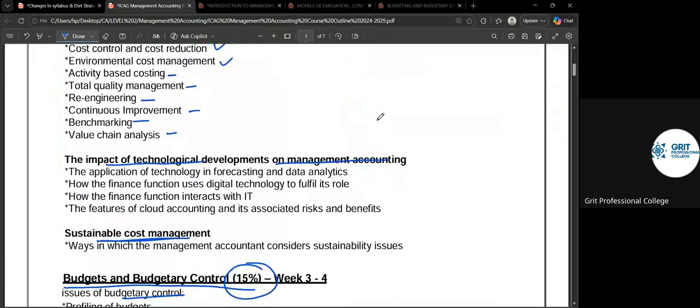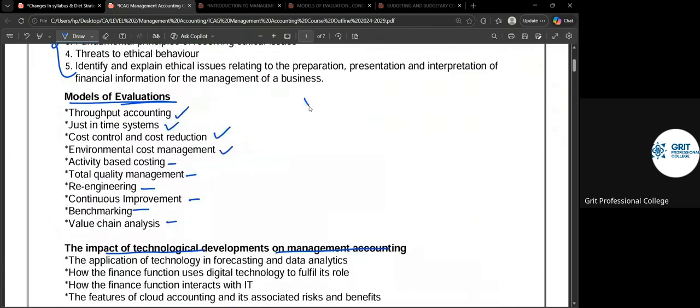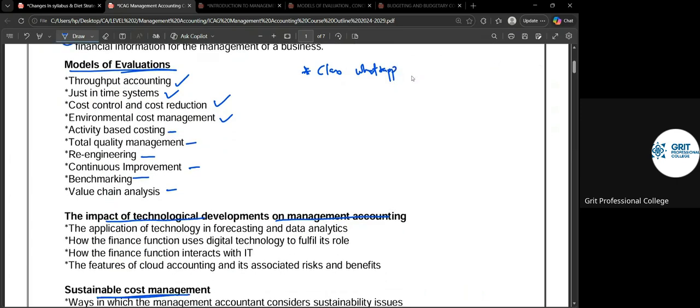So first is ensure you're on the class WhatsApp and Telegram page.